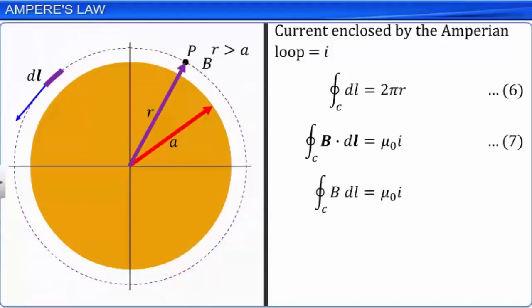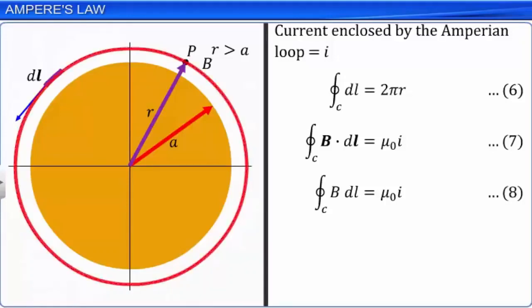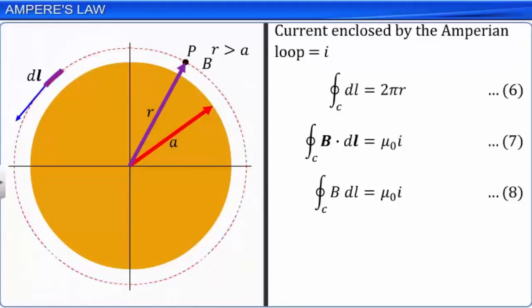The magnetic induction at every point on the Amperian loop is constant. Then, B into integral over the closed curve C dl is equal to mu naught I. Let this be equation 9.